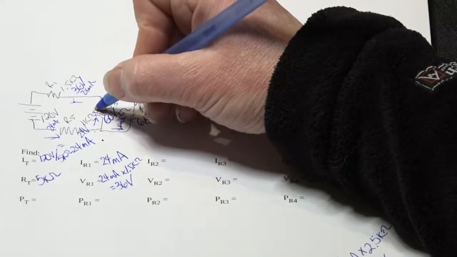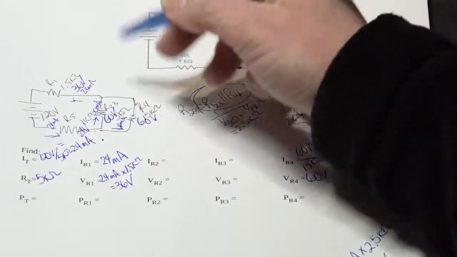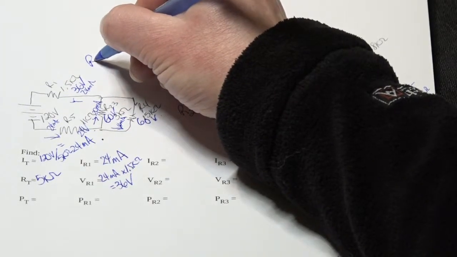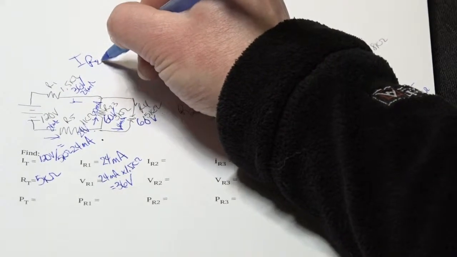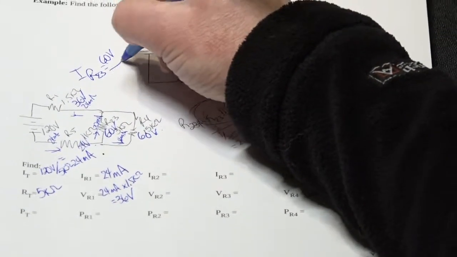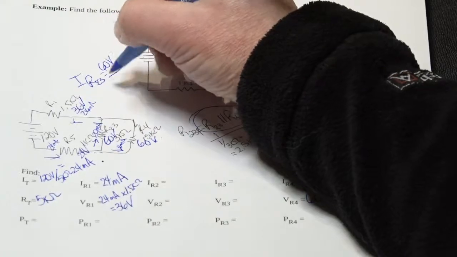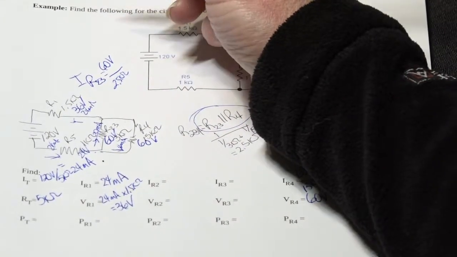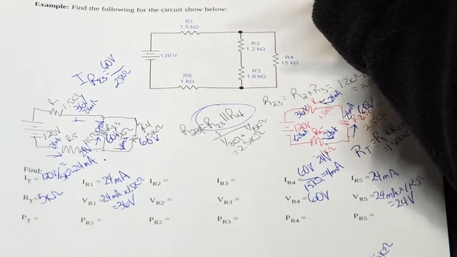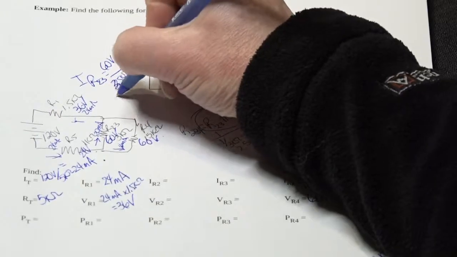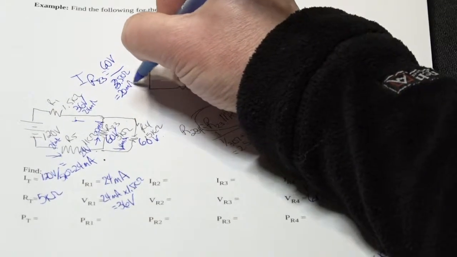Yeah, that's right, it's 20 milliamps, which we could also find by taking our R23, so the current in R23 combination is the 60 volts divided by the 2.5K ohm resistance, or I'm sorry, the 3K ohm resistance, which is 20 milliamps.